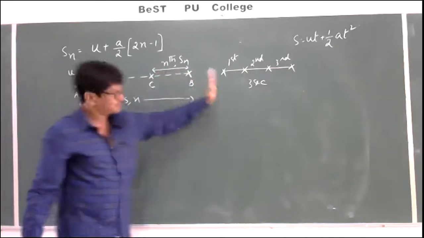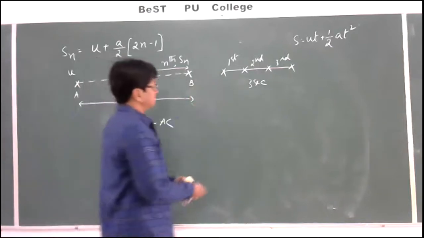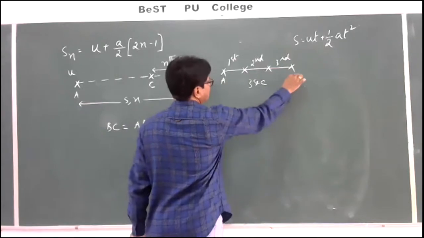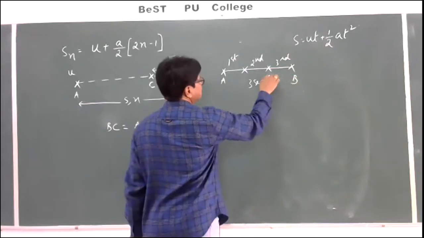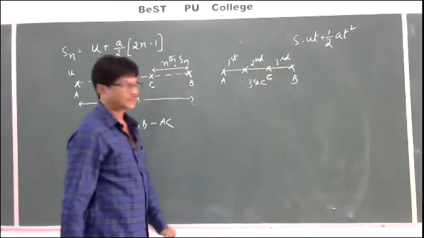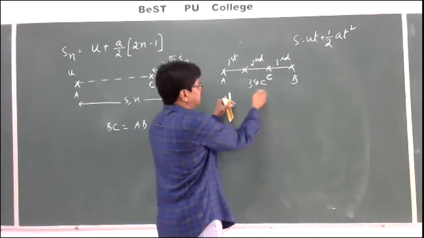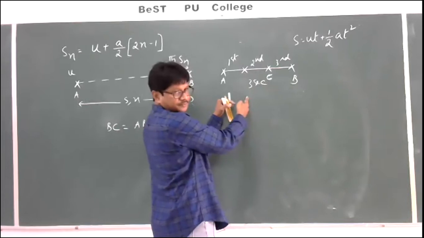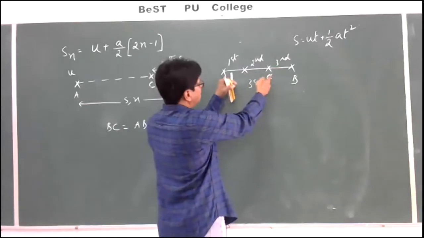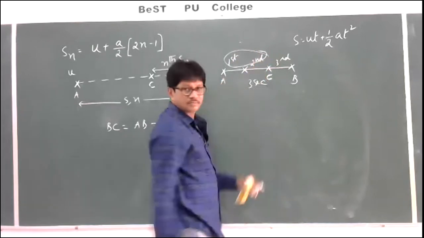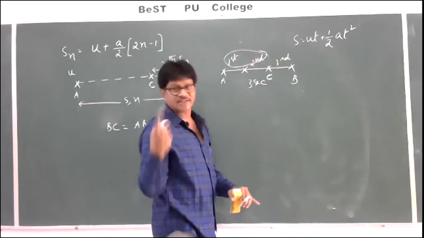So see here, the same thing I am writing. This is A, this is B, and this is C. To travel from A to B, it takes a time of 3 seconds. Then to travel from A to C, how much time will it take? 2 seconds it will take.